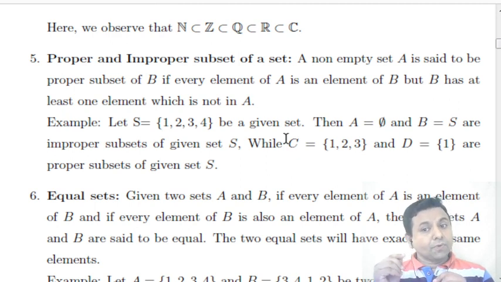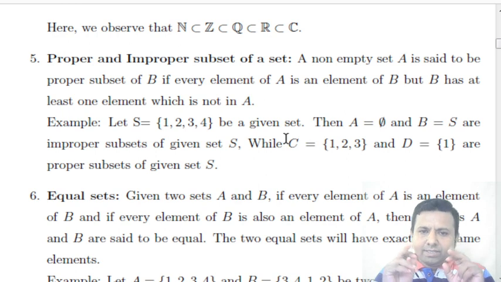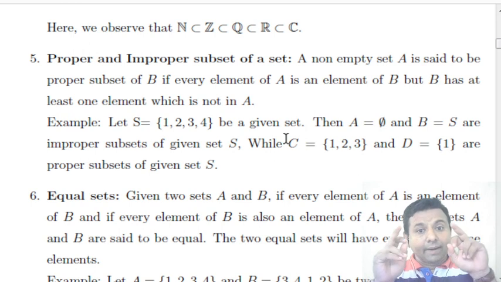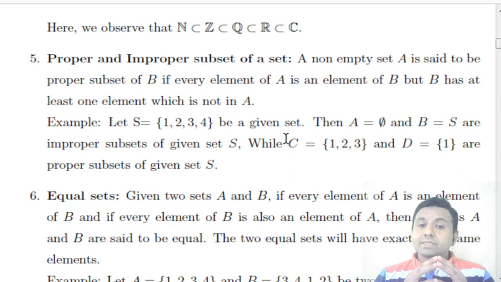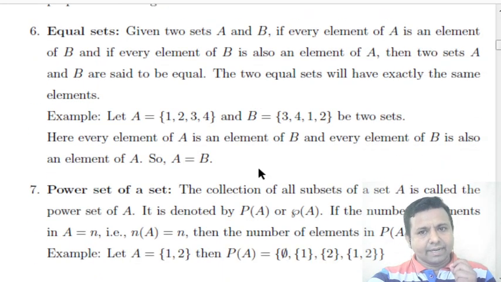Then A equals phi and B equals S itself are improper subsets of the given set, while C equals {1, 2, 3}, D equals the singleton set {1} or {2} or {3} or {4}, or two-element sets {1, 2}, {2, 3} and so on, are proper subsets of the given set. I think you all can easily understand the meaning of proper and improper subsets of a given set.